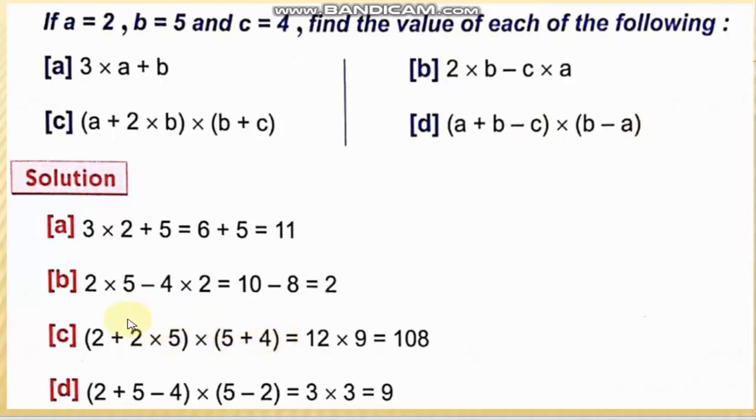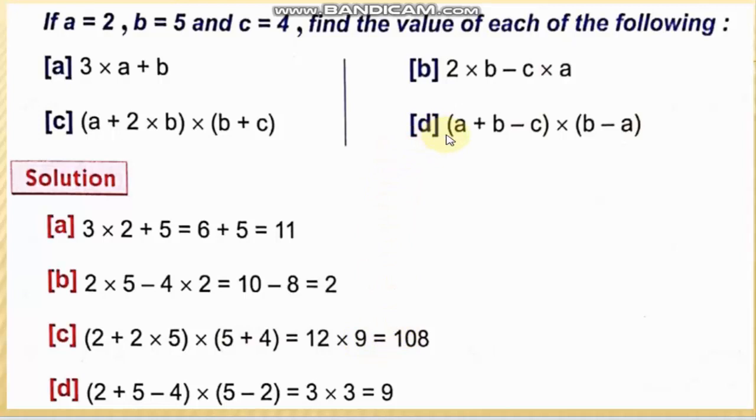We find the result of the first brackets: 2 plus 2 times 5. 2 times 5 is 10. 10 plus 2 equals 12. So 12, and here the sign times. 5 plus 4 equals 9. 12 times 9 equals 108.